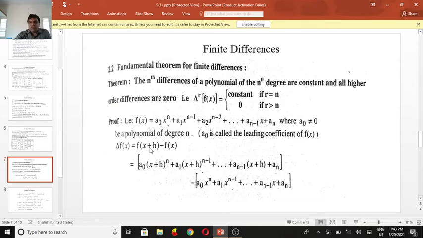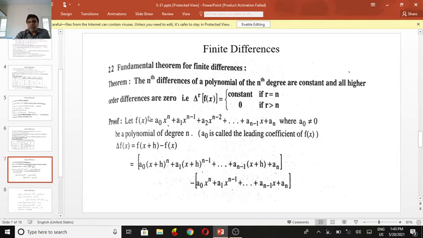So if we take f of x, we write a polynomial of degree n: a naught x power n plus a1 x power n minus 1 plus a2 x power n minus 2 plus etc. a n minus 1 x plus a n, where the highest power is n, and that coefficient a naught should not be 0. It is a polynomial of degree n, where a naught is called the leading coefficient of f of x.